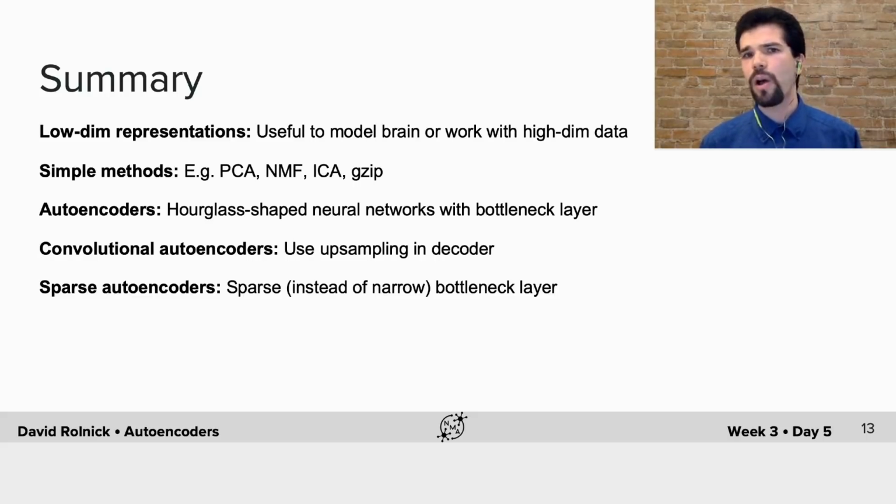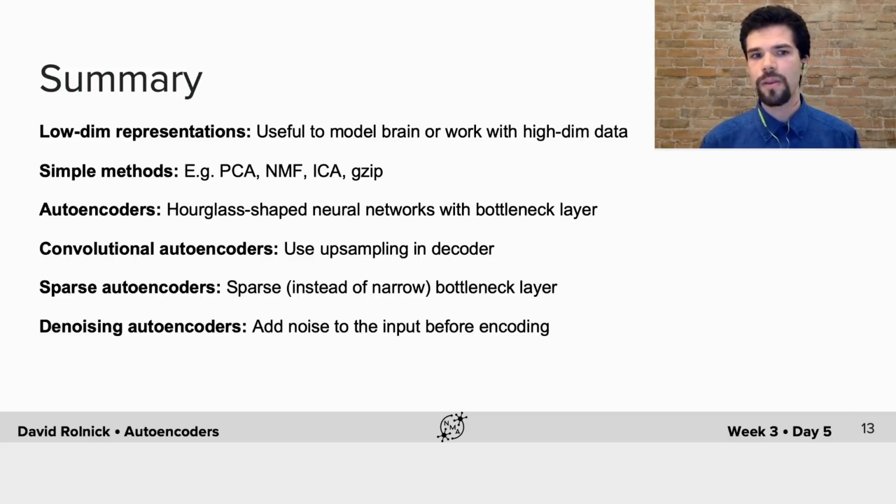We've seen sparse autoencoders, where instead of having a narrow bottleneck layer, you have a potentially wider bottleneck layer, but it's required to have sparse activations. We've seen denoising autoencoders, where you add noise to the input before encoding, and that gives you a denoising algorithm as well as an autoencoder that is more sensitive to real features than to noise.